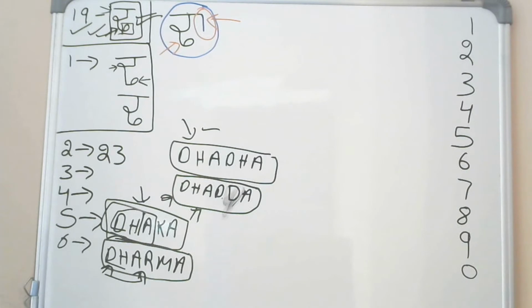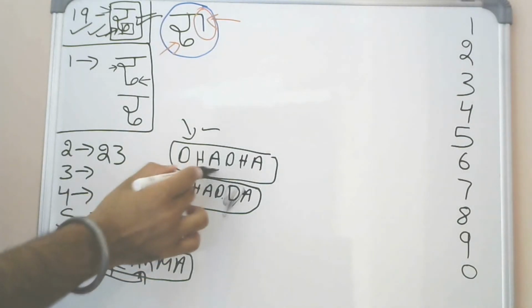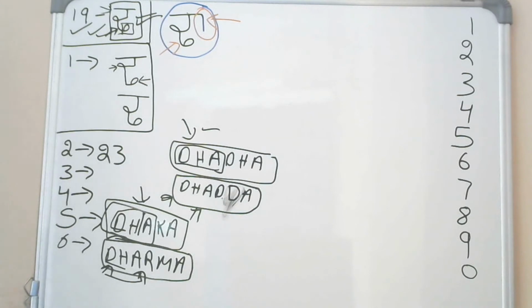So do not, I am repeating it again, do not remember how to use this letter on the basis of the letters that we have in English. Just remember the sound and it will be so easy to remember.